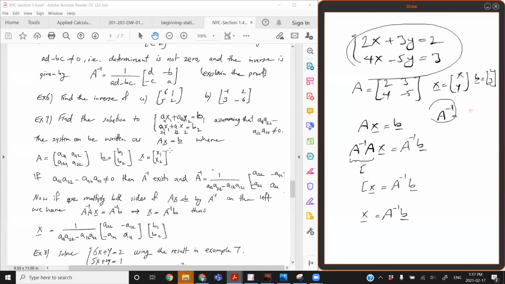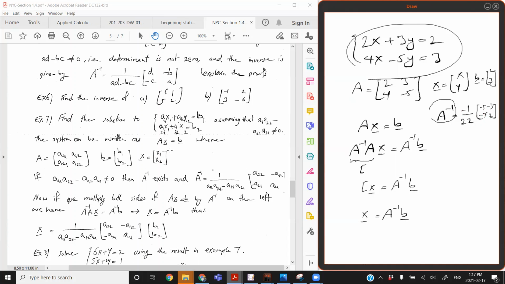So this is going to be what? 1 over 22, because the determinant is 22, or -22. -10 minus 12, -22. So it's 1 over negative 22 or negative 1 over 22. I swap the 2 and the negative 5. So negative 5 goes here, 2 goes here, negative 3, negative 4.